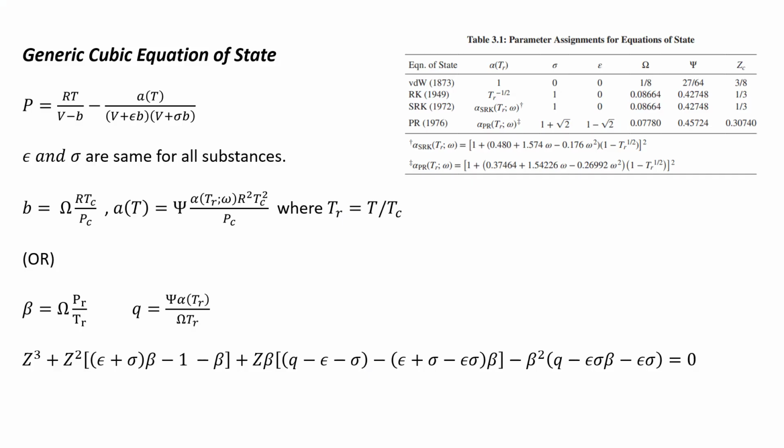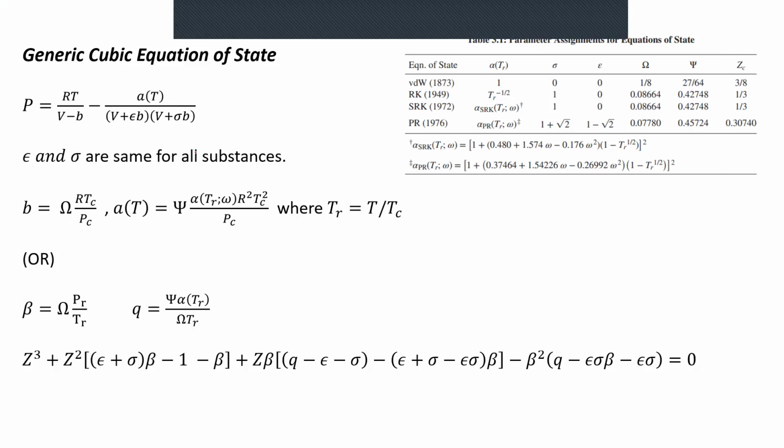So this is what I was telling you. This is a general cubic equation of state, written in terms of P, R, T, and V. We talked about what A accounts for and what B accounts for.